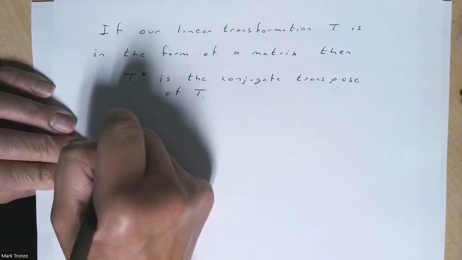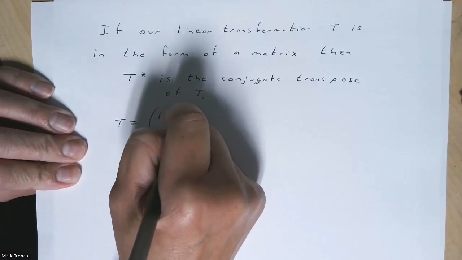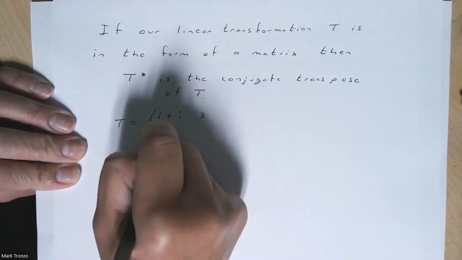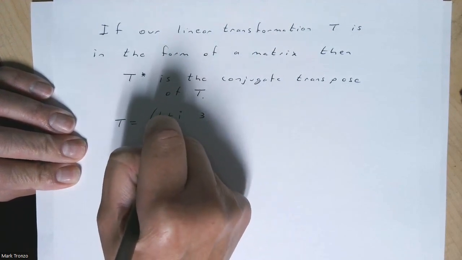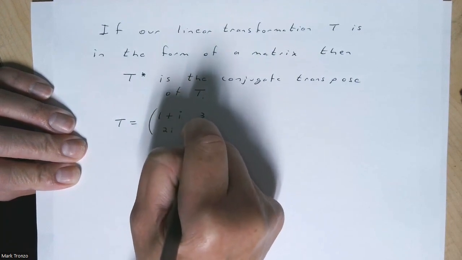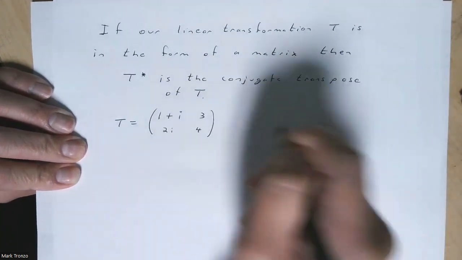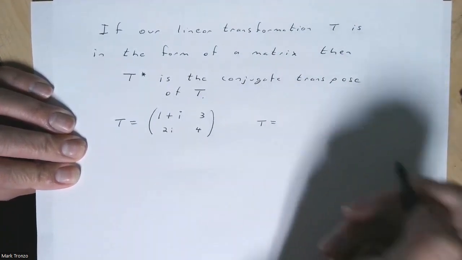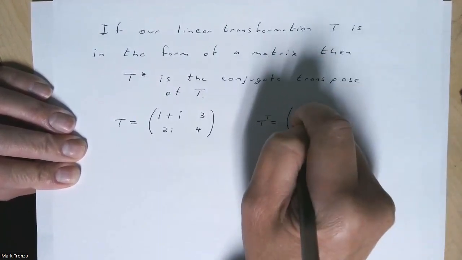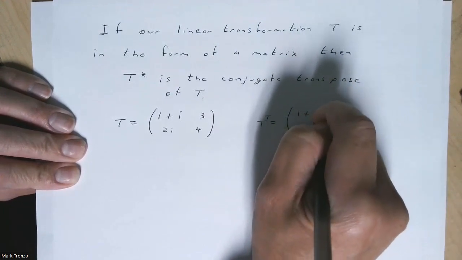So, for example, if we have a case where, let's say, something like this, then of course, if you have T like this, then T transpose, of course, is going to be, remember, we interchange rows and columns.